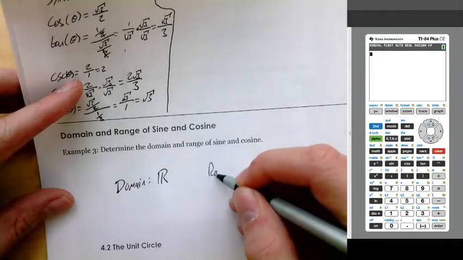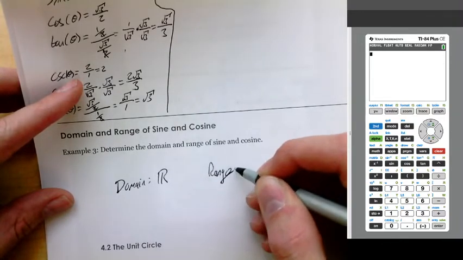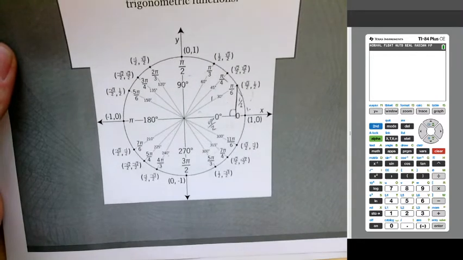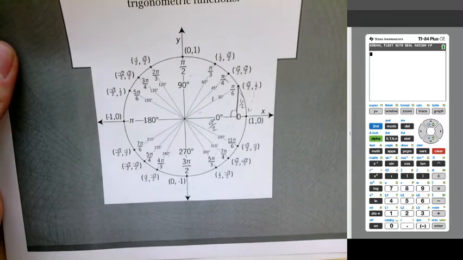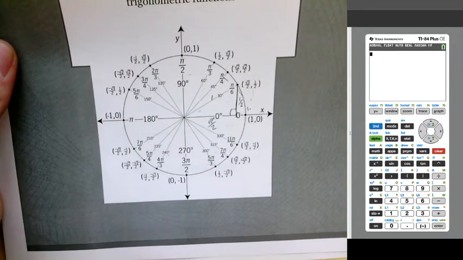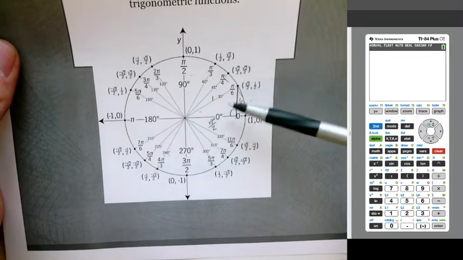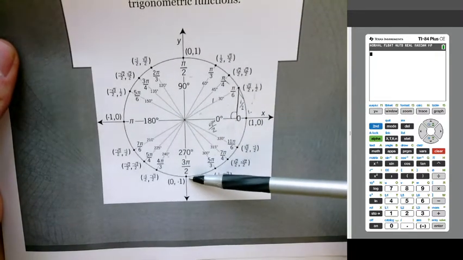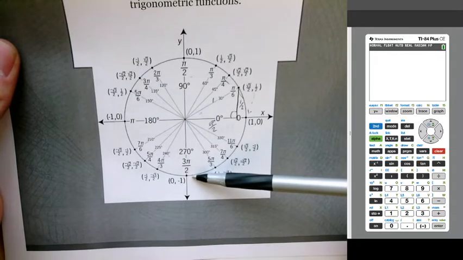The range now. Let's talk about just sine first. Go back to our unit circle. Our range is all the possible outputs. In the case of sine, that's all the possible y values on the unit circle. So what's the smallest y value? Well, how far down can we go? The farthest down we can go is this y value of negative 1.